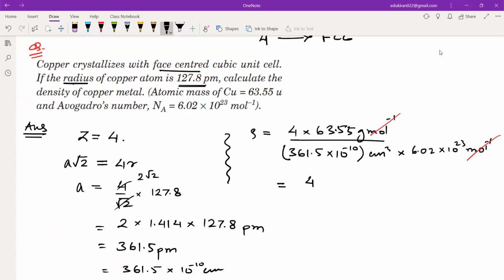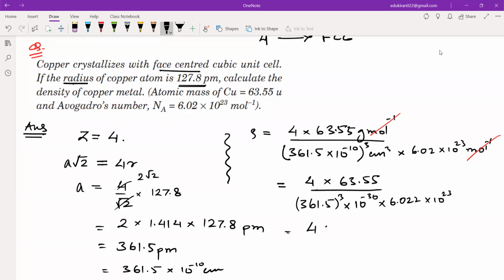So you will write 4 into 63.55 divided by 361.5. Oops, sorry, 361.5 cube into 10 to the power, so this is also cube now here. So this will be 10 to the power minus 30 into 6.022 into 10 to the power 23.